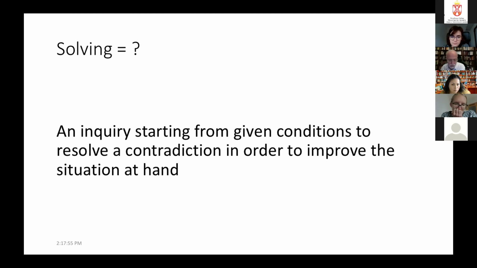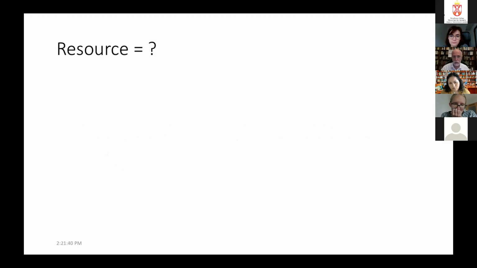Finally, we have no contradictions. And we want to improve the things in every basic point, not to improve something and make a compromise and make something else worse. No, we want to improve on every point, if possible. So now I have been mentioning resources. What are resources? A new word, a new term.